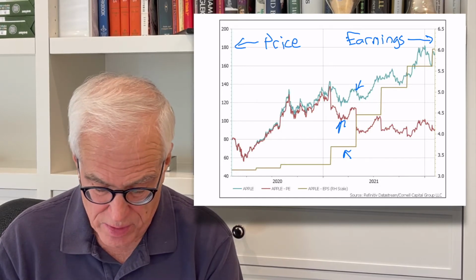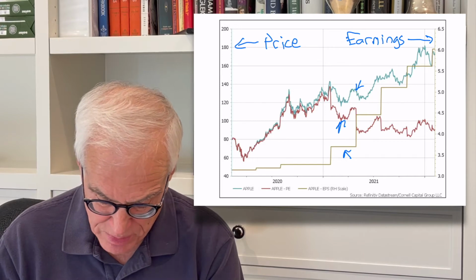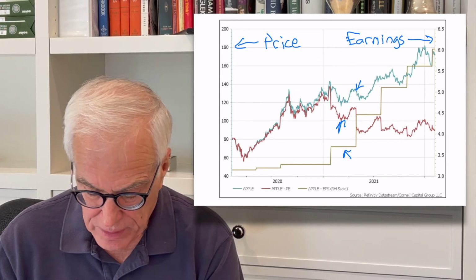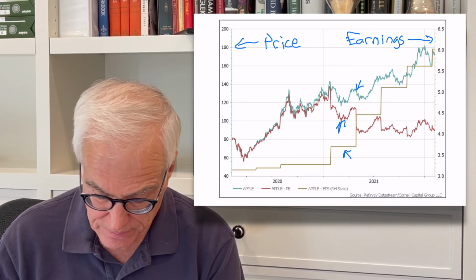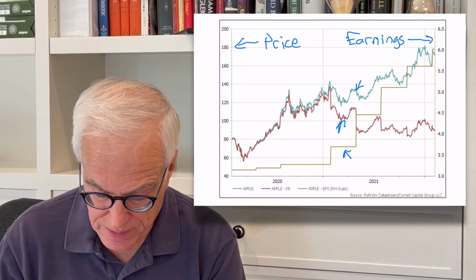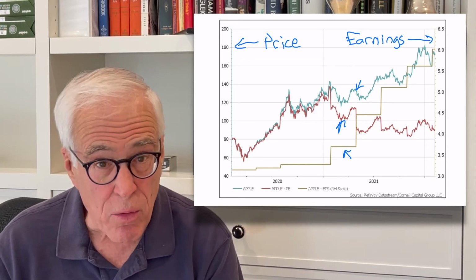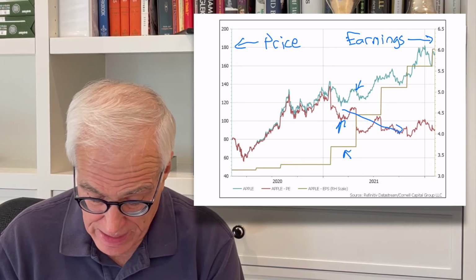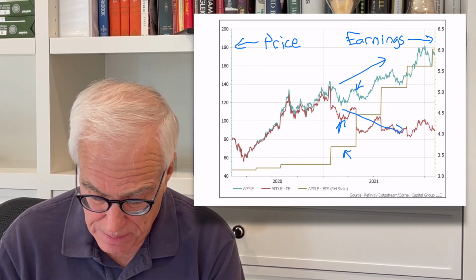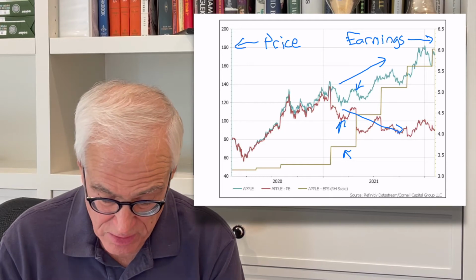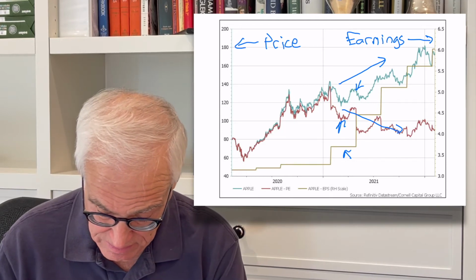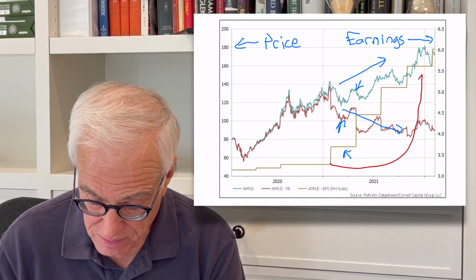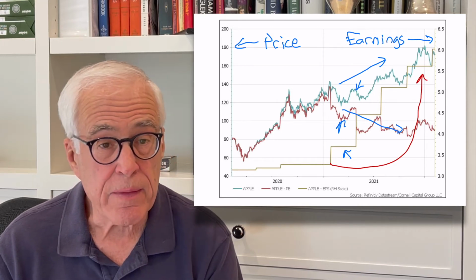Perhaps a little airy. Then in the second half, beginning in late 2020 and going through to current, the price earnings ratio stops rising. In fact, it comes down. But Apple's stock price continues up because the earnings, shown here, rose dramatically.